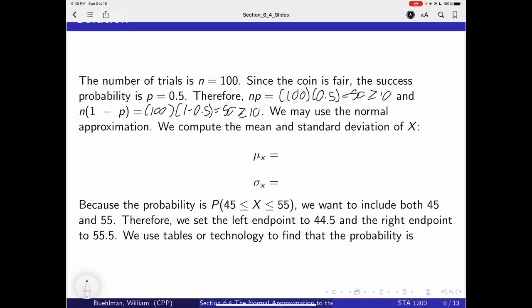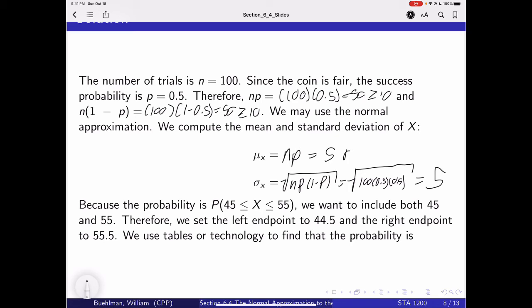We compute the mean and standard deviation of x. So mu is equal to n times p, which is equal to 50 from above. The standard deviation is equal to the square root of n times p times 1 minus p, which is equal to the square root of 100 times 0.5 times 0.5, which is equal to 5.